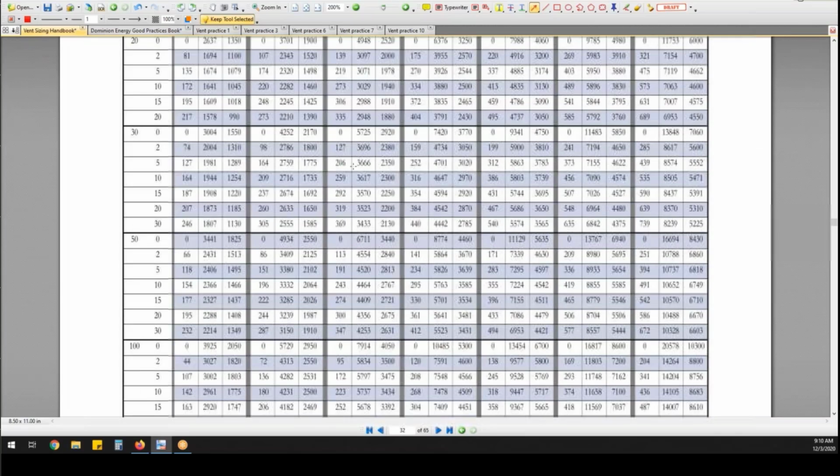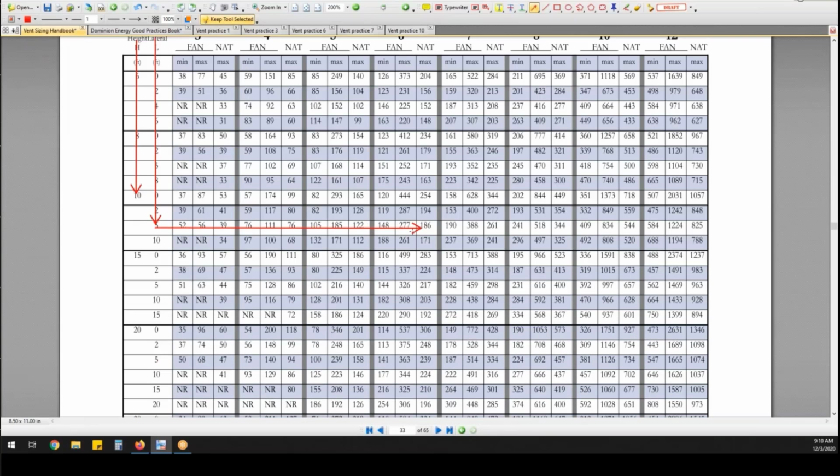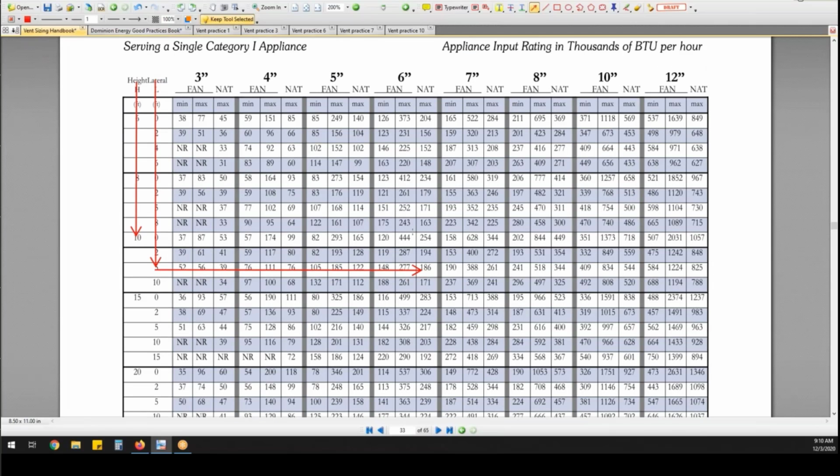Or if I want to save some money, and that's really what this is about. That's why contractors do this. Single wall pipe is a hell of a lot less money than double wall. So if I've got a lot of connector and I can change it to single wall, I probably will, because it'll save me money. So I could do this one either way, with double wall or with single wall, as long as the entire thing is 6 inches.